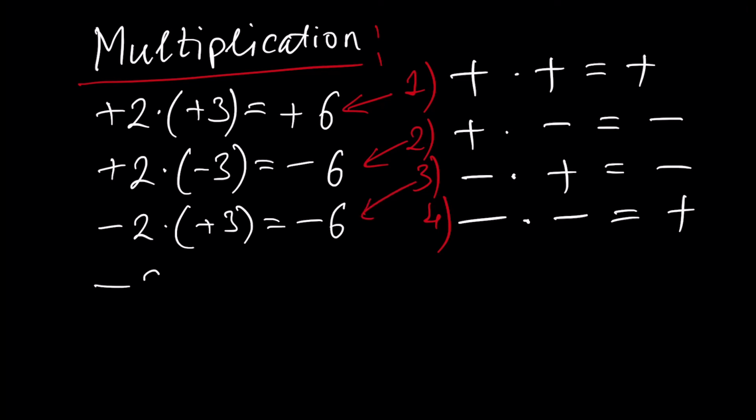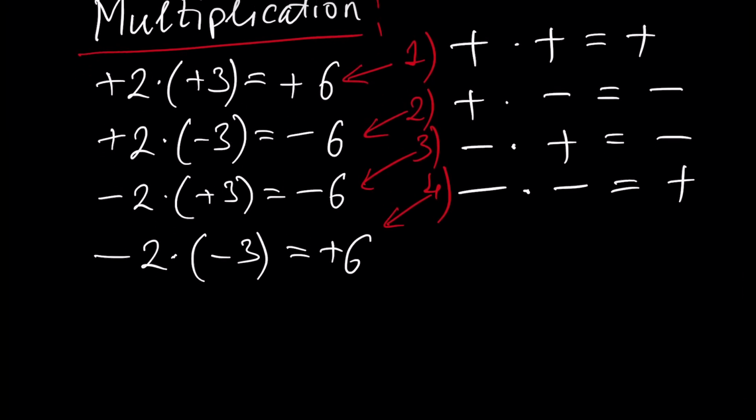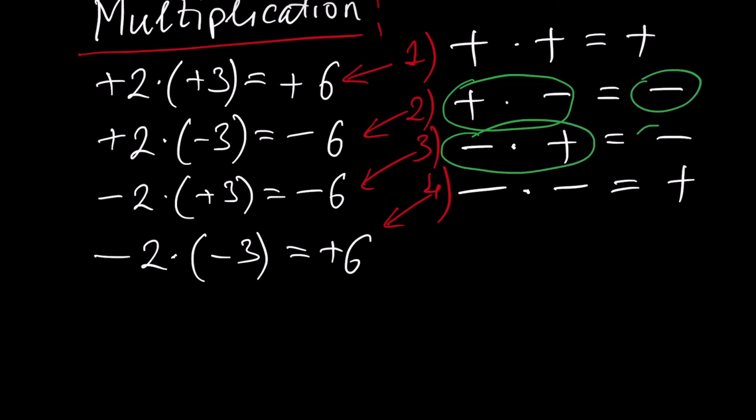And minus 2 times minus 3, minus times minus gives plus, which is the realization of the fourth rule. The pattern here is that when we have different signs, this is always minus. Plus times minus is minus, and minus times plus is minus.